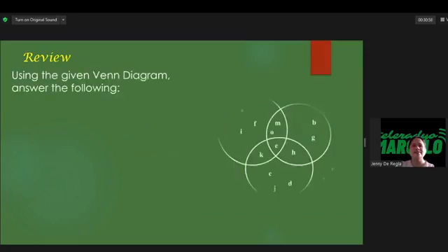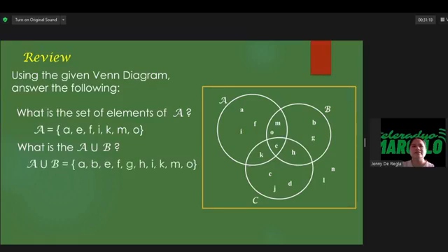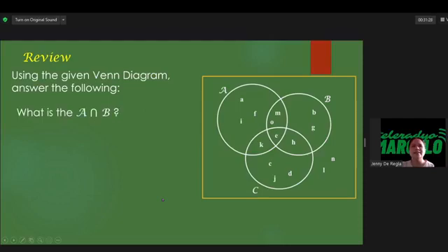Next. From the same Venn diagram, what is the set of elements of A? Ulit, ito yung kanina. Next. What is the set of elements of A intersection B?